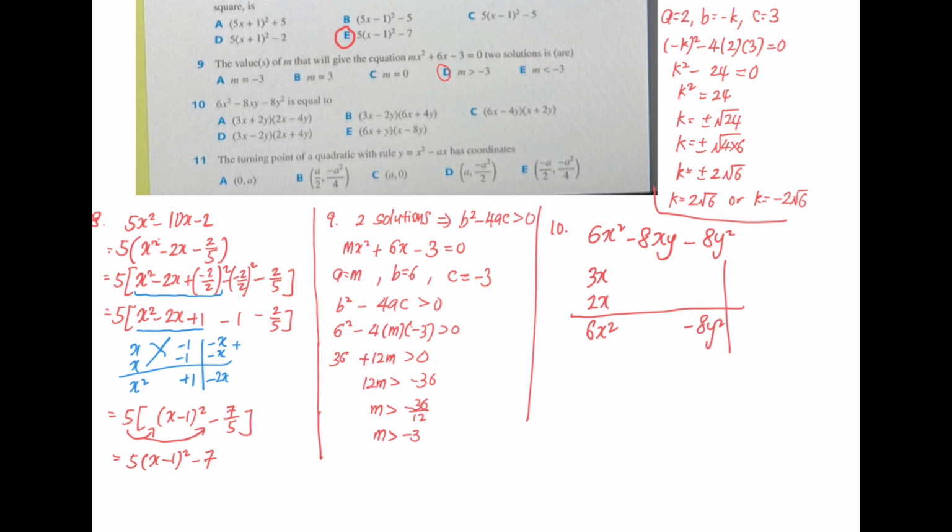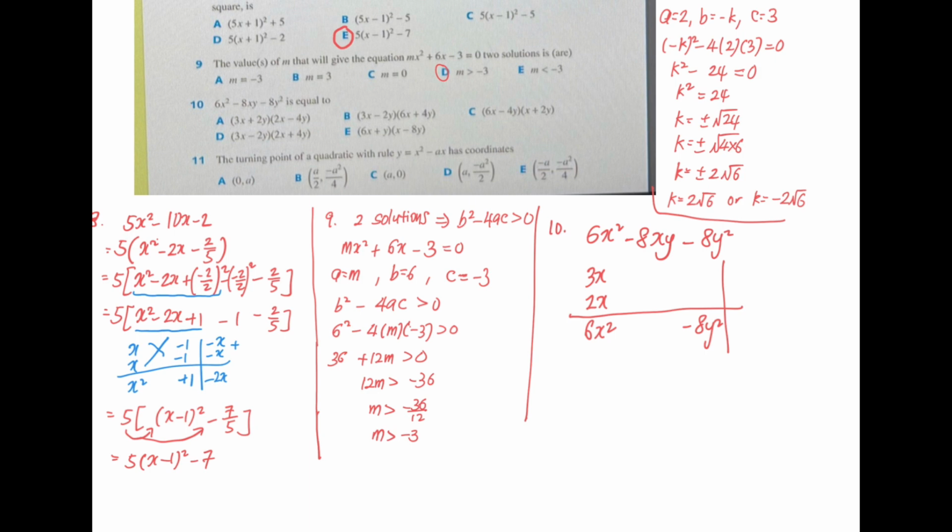Now I think of two numbers that multiply to get minus 8y squared. I have many scenarios, for example, 2y and minus 4y, minus 2y and 4y, minus 4y and 2y, and so on. So I have many ways to multiply and get minus 8y squared. In the meantime, when you cross multiply, you have to get minus 8xy.